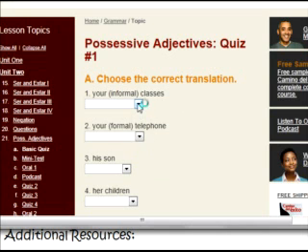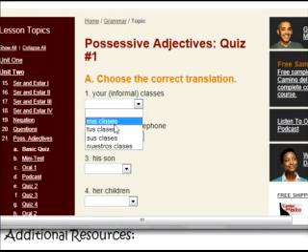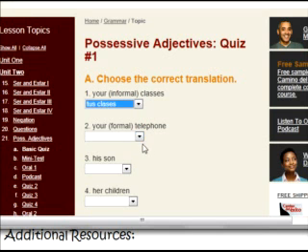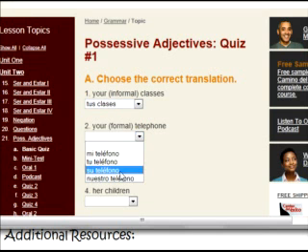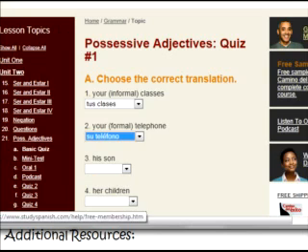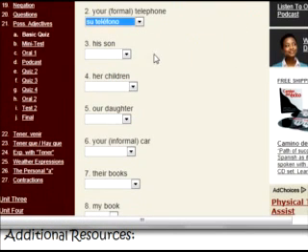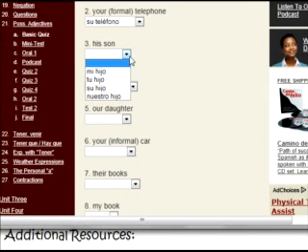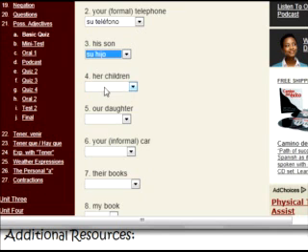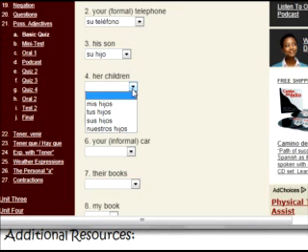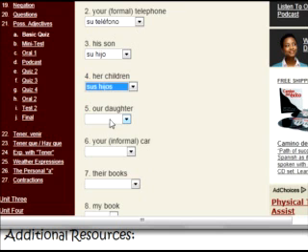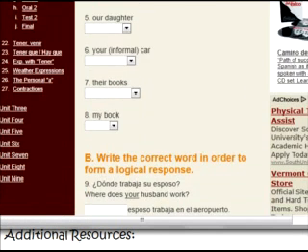Your, the informal one, clases, should be tus clases. Your formal telephone, su teléfono. His son, su hijo. Her children, sus hijos. Our daughter.